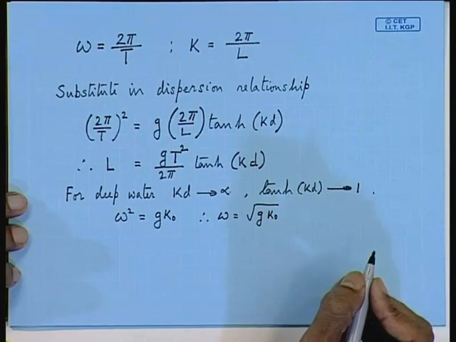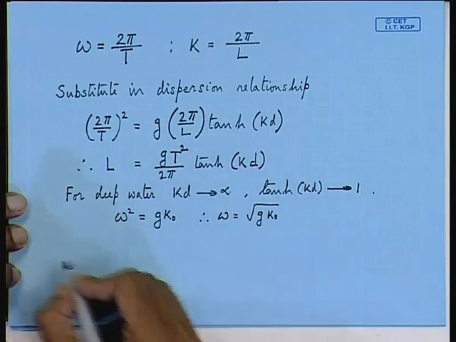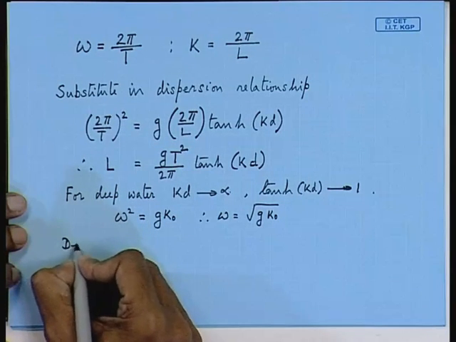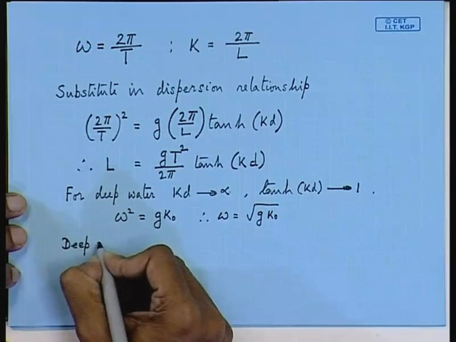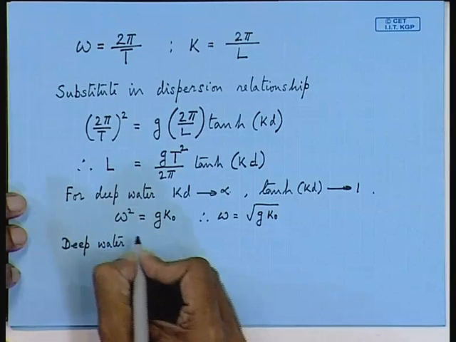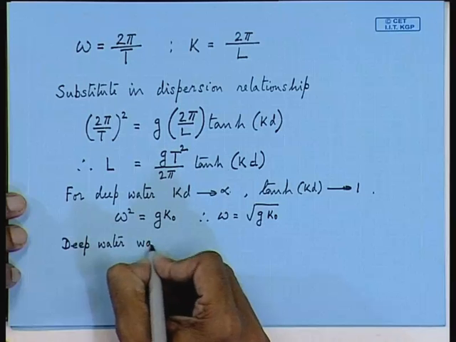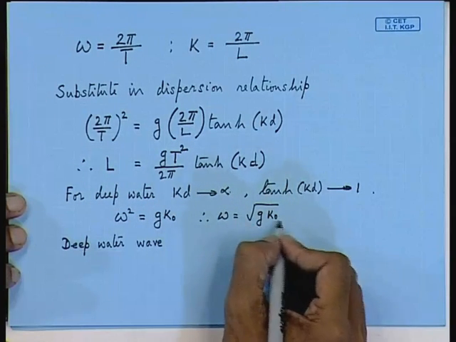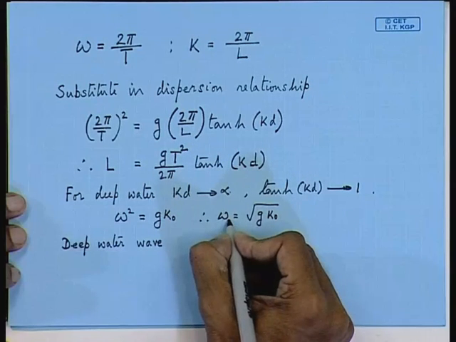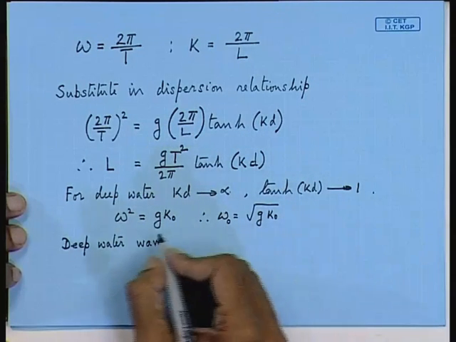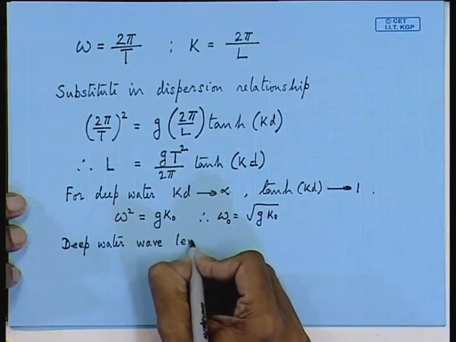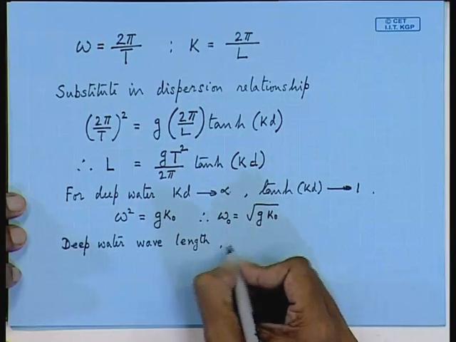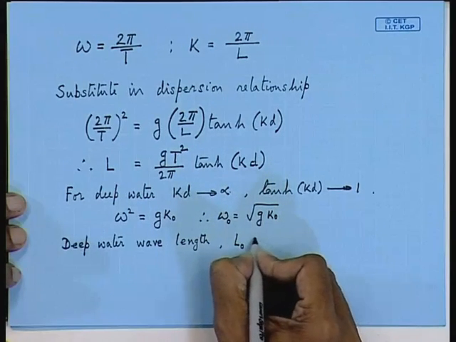Now from this, find out the deep water wavelength. Since omega is dependent on k naught, you can write this as omega naught also. So the deep water wavelength will be characterized by L0. Now what is this value?